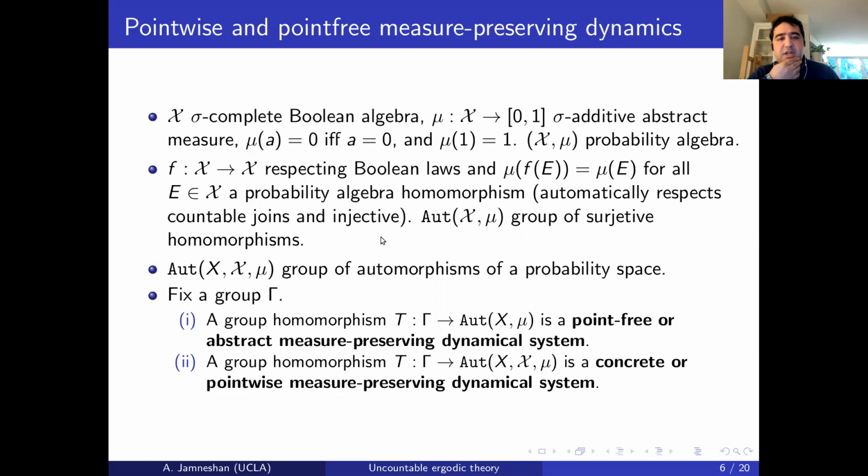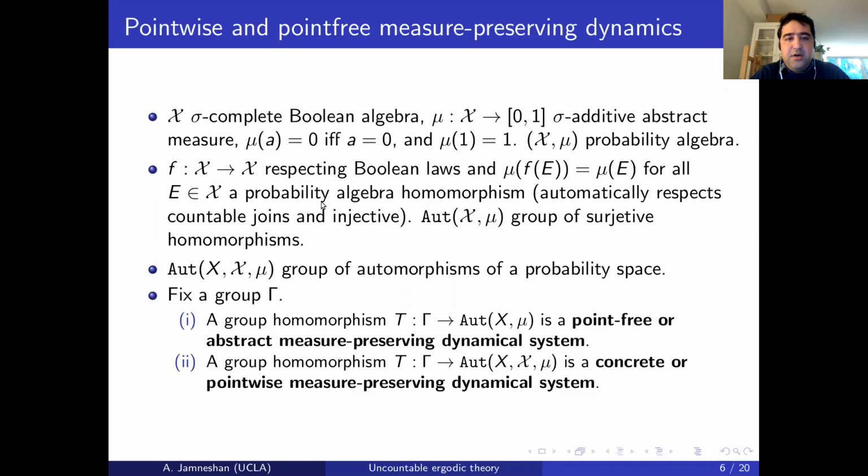And for probability algebras, we can also define what are measure-preserving maps. So these are just Boolean homomorphisms. So this is just a function which respects the Boolean laws when you map the algebra to itself, and it preserves the measure for all elements of the probability algebra.